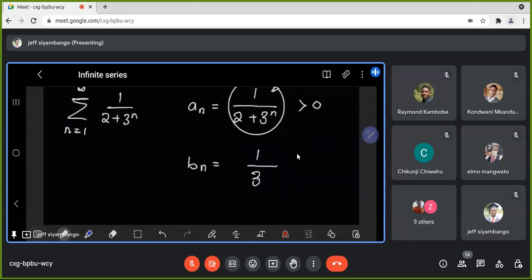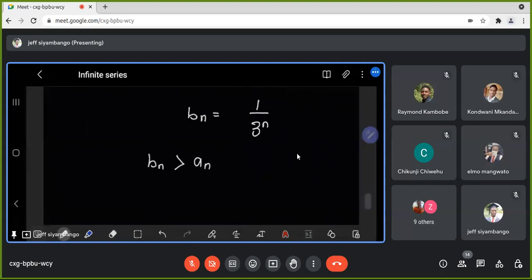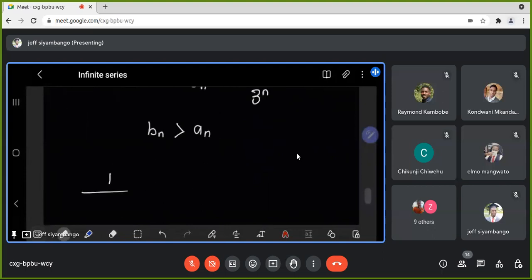But for this to be a correct approach, my Bn has to be greater than An, so that it satisfies the condition that we defined earlier. So which one is bigger: 1 over 2 plus 3 to the power n, or 1 over 3 to the power n, for any value of n? Which one will be bigger?